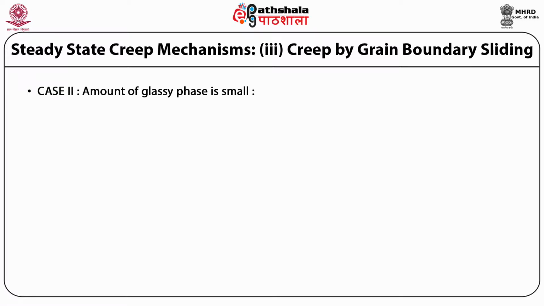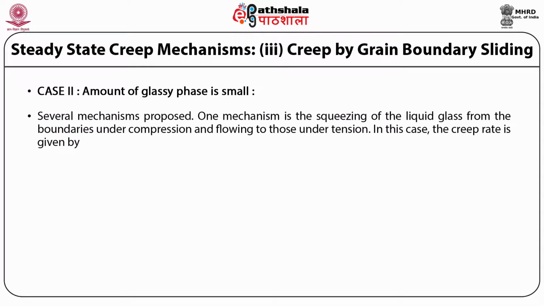So the case 2, that is the amount of glassy phase is small. Now here several mechanisms are proposed. One mechanism is the squeezing of the liquid glass from the boundaries under compression and flowing to those under tension.